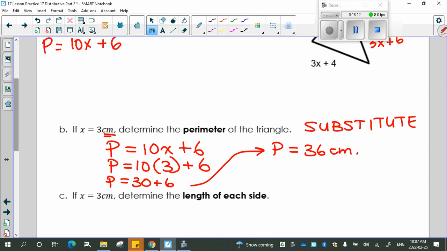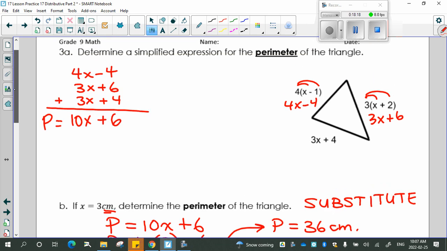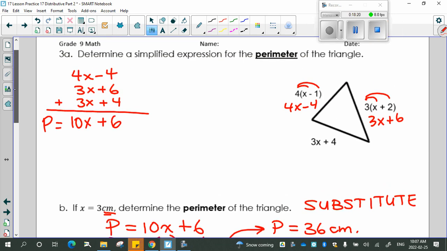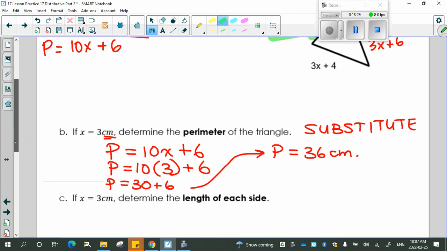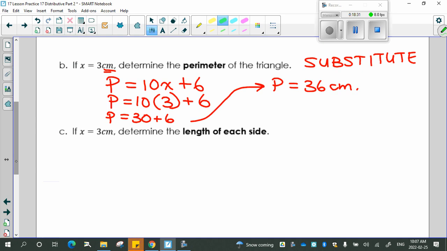But now it wants me to find the length of each side. Luckily, each side has an algebraic expression attached to it, right? So I could find this side by substituting as well. 4x minus 4, I can substitute in the 3 for x.